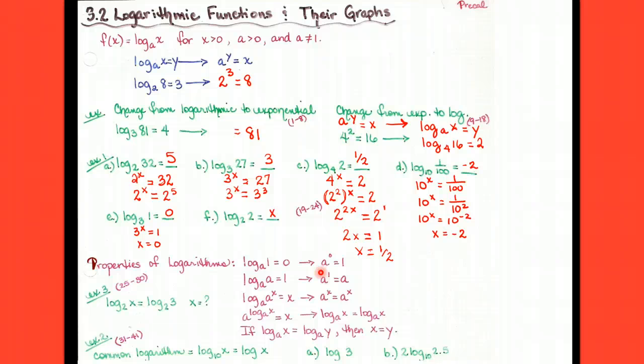All right, so the next one, we've got log base 2 of 2 is equal to x. So what's that in exponential form? Yeah, 2 to the x is equal to 2. What's my exponent here? 1. So my bases are already the same. I can set my exponents equal to each other, and I'll get x equals 1.